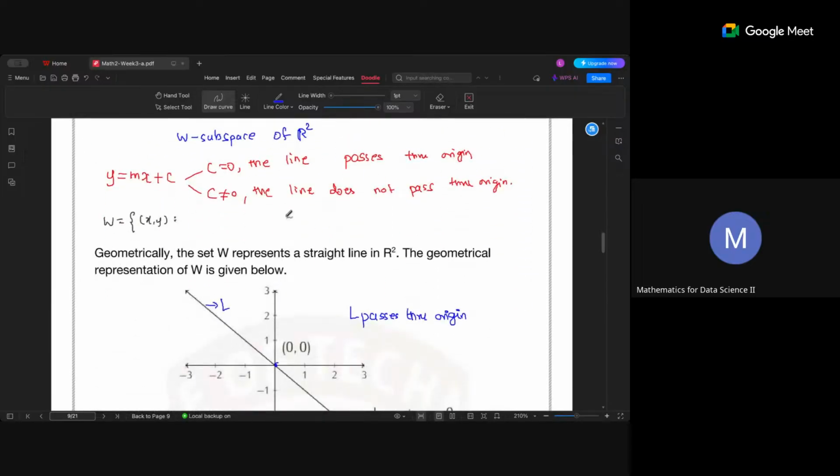So instead of that, here you are having y is equal to mx. Or equivalently, you can have ax plus by is equal to 0. Either of these forms, just the format is different. Then you know that the line passes through the origin and it is a subspace of R2.